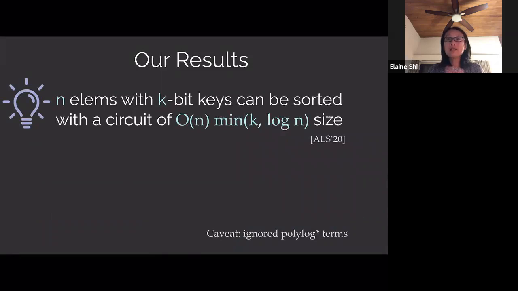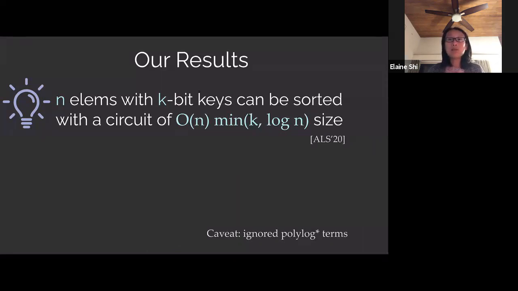Okay, despite all these long-standing barriers, we were able to make a little progress in terms of understanding sorting circuit complexity, both on the upper bound and the lower bound fronts. On the upper bound side, somewhat imprecisely speaking, we show that sorting n elements, each tagged with a k-bit key, can be accomplished with a circuit of size n times k.